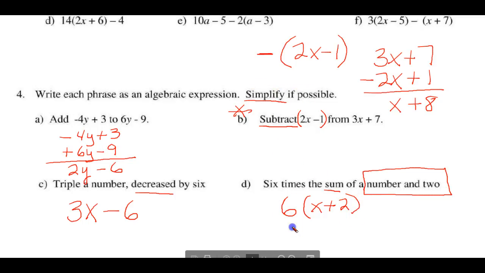So we would then go 6x plus 12. Now this would be the start of it, and then this would be the simplification where we distribute. But the key here is when we have a sum, we have to indicate that it's a sum by putting it in parentheses. Then we can say 6 times that sum. Otherwise, you would just go 6x. Wouldn't be the sum of these. Okay, that wraps this up.